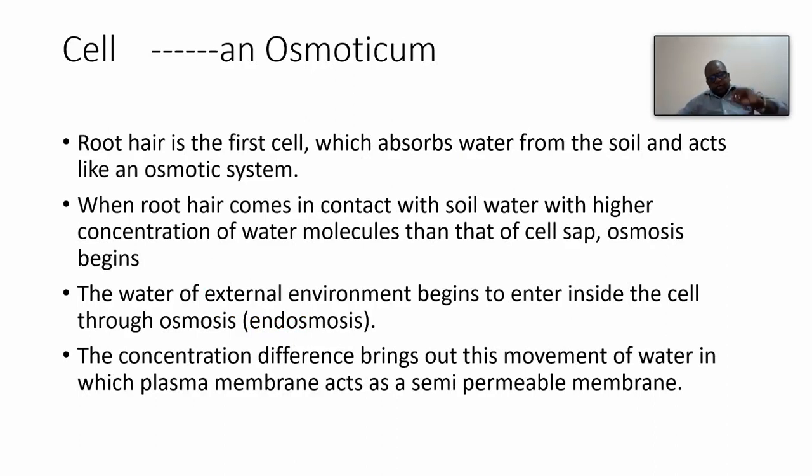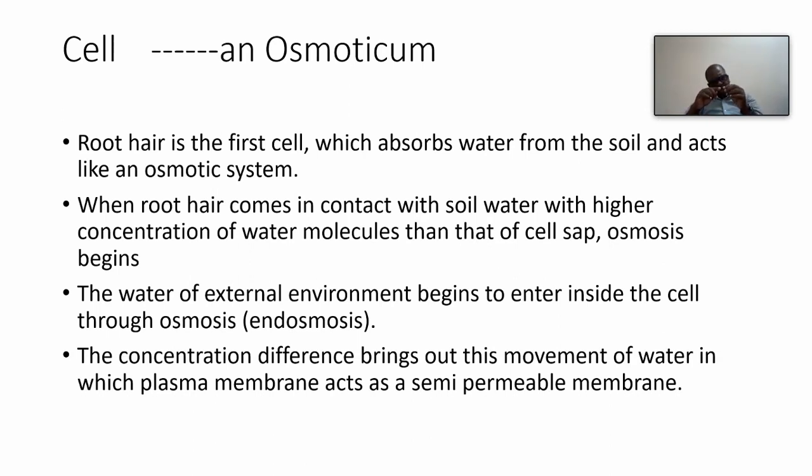No problem. See, yesterday group 2 or 3 put a picture of how water enters into the root cell. The topmost portion of a root hair is a cell. It acts as an osmotic system.